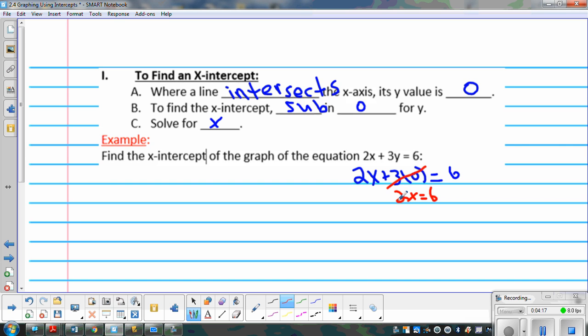So what number times 2 equals 6? We could divide both sides by 2, and we will find out that x equals 3. That means x was 3 when we subbed in a 0 for the y. So the x-intercept occurs at the point 3, 0.